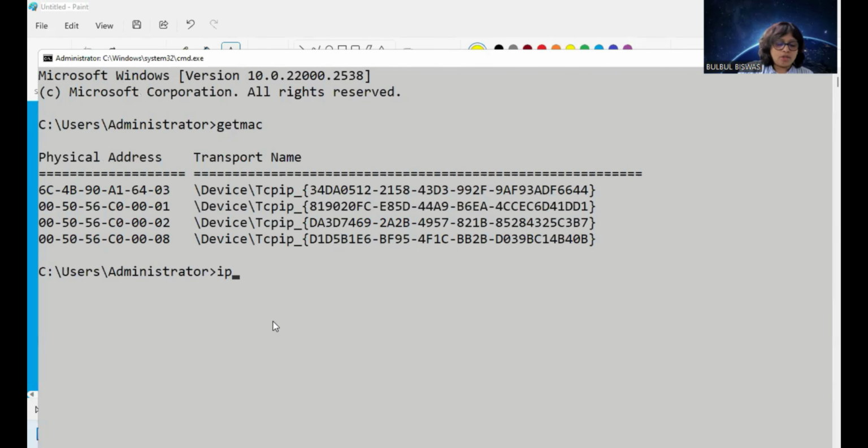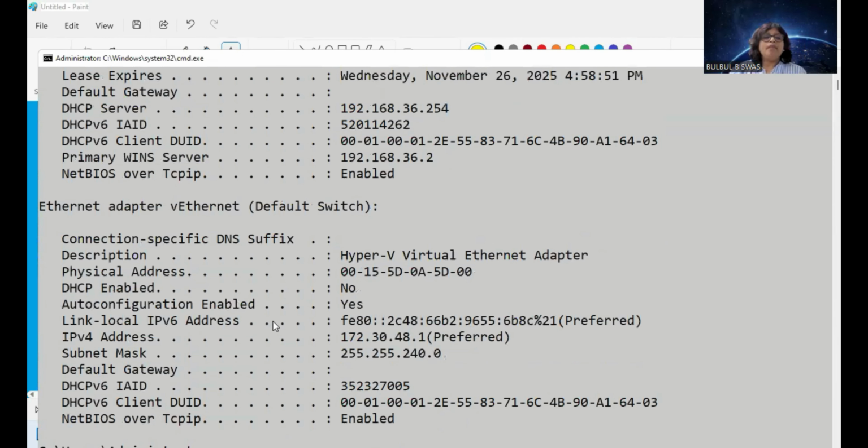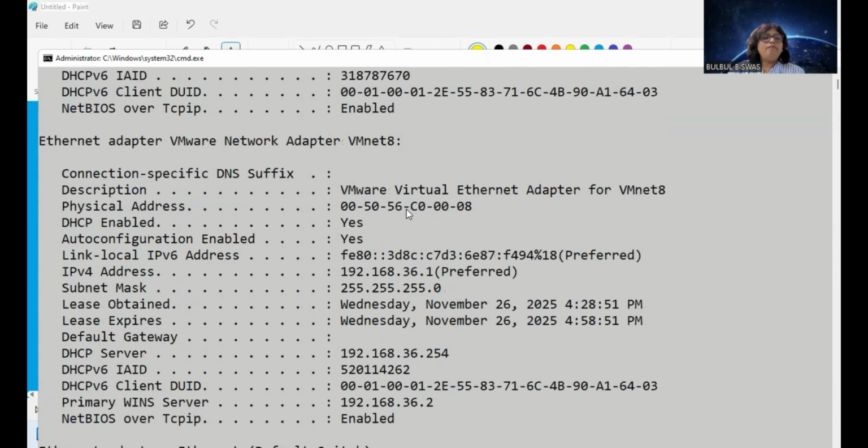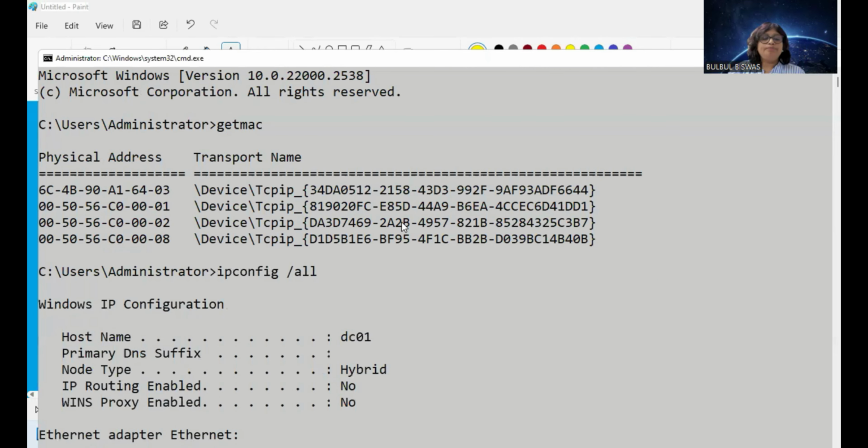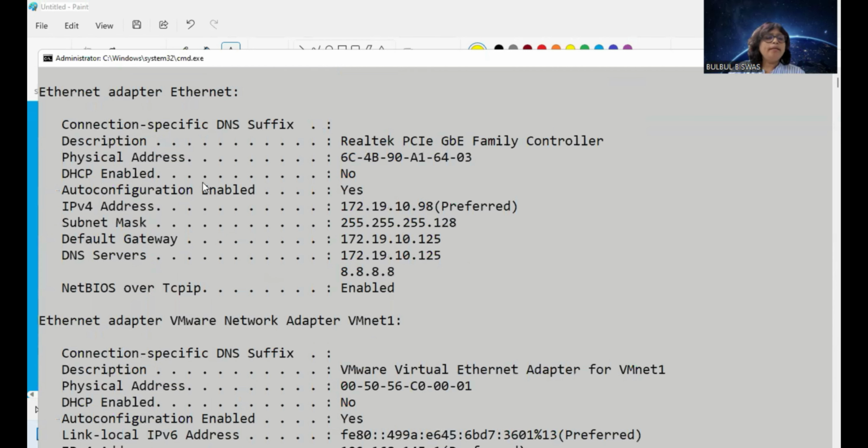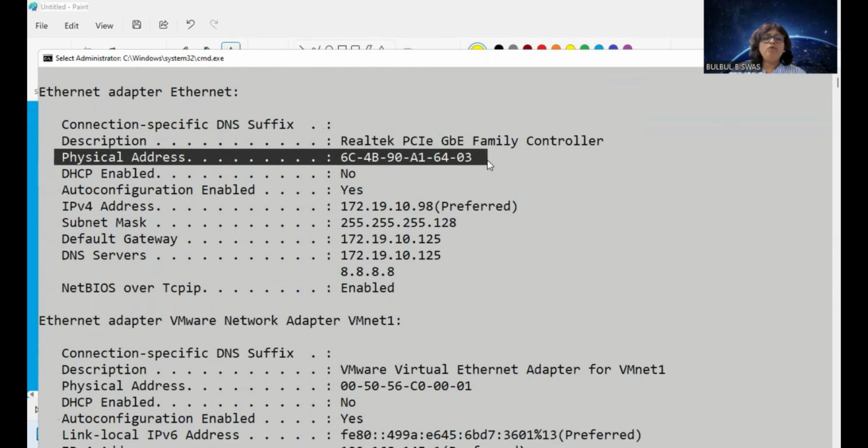Another command is ipconfig space /all. Now, everyone, you come to this moment here and you see this is the physical address. Have you seen?